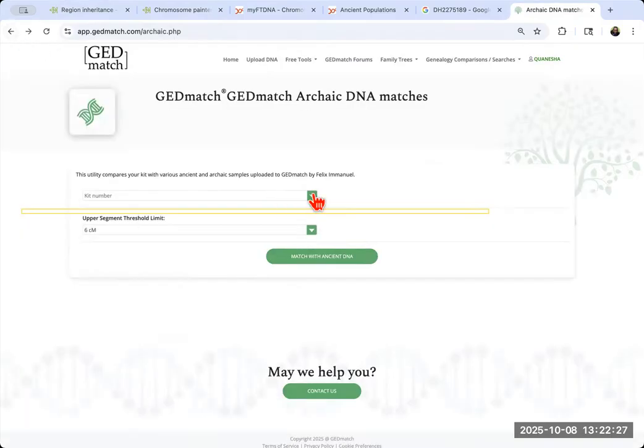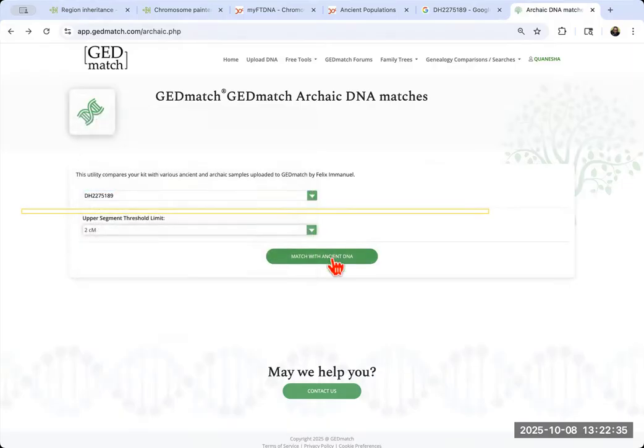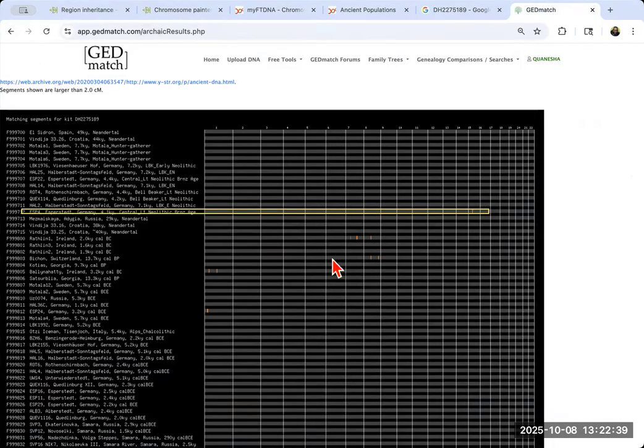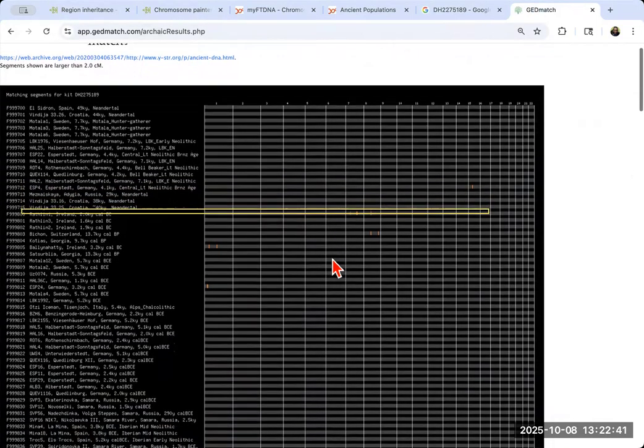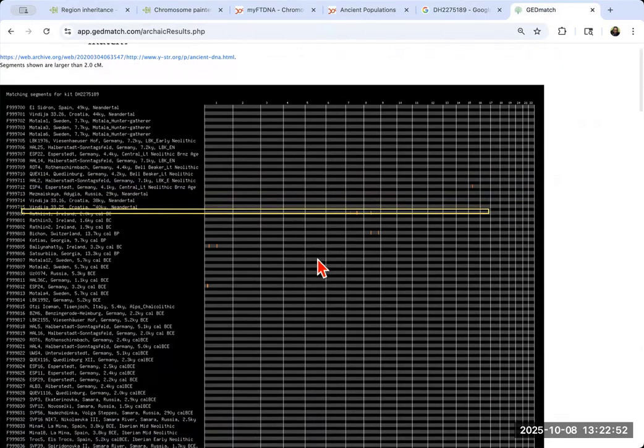All right, now I'm going to take that same kit number and lower the segment threshold down to 2 centimorgans. And I'm going to click on match with ancient DNA. And what we're going to see is we still have that one East Bernadette. It's showing, of course, because as it gets smaller, but what we start to see is we have some new ones.